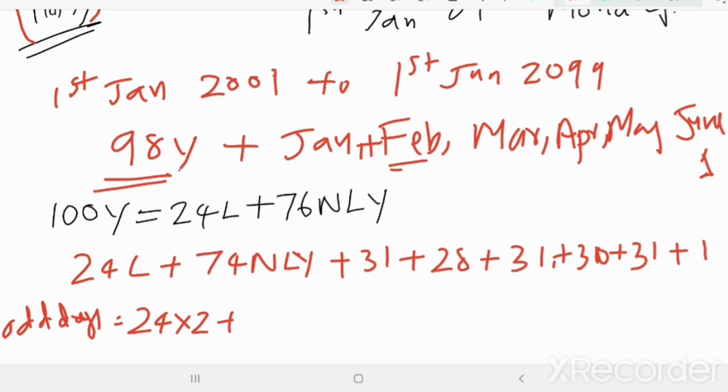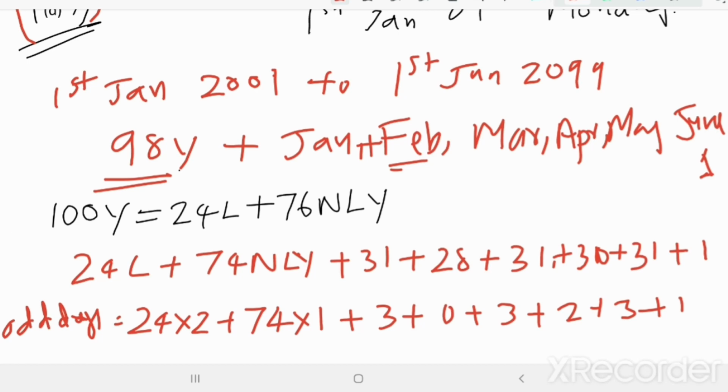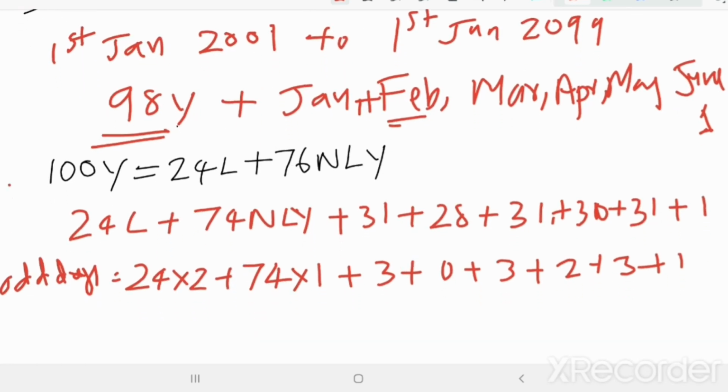In one non-leap year there are 365 days. 365 divided by 7, we get 1 odd day, so 74 into 1. Then 31 divided by 7, we get 3 odd days. Here 0, here 3, 2, 3, 1. So the total number of odd days in these 98 years is equal to 122. 48 plus 74, we get 122.